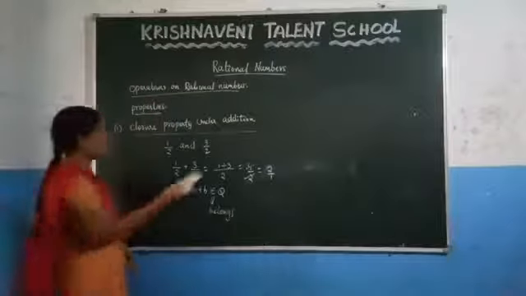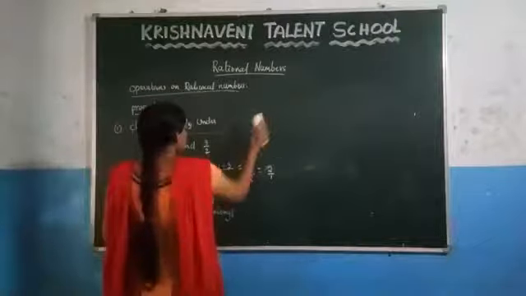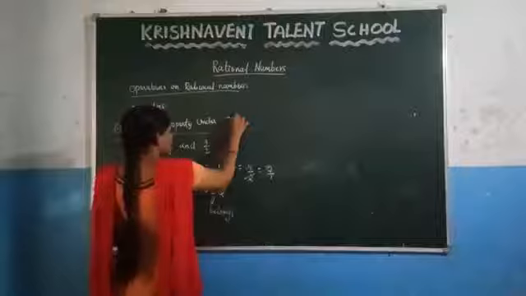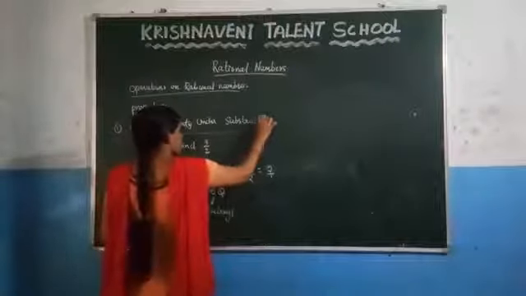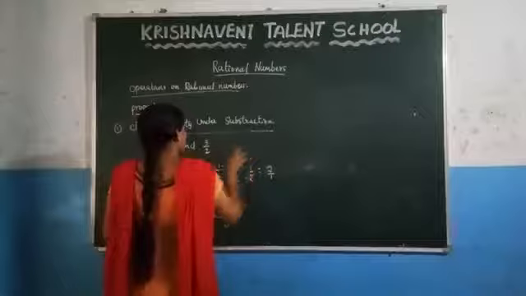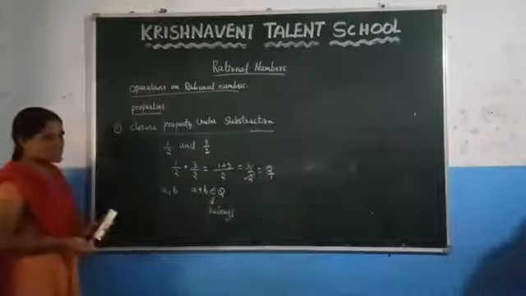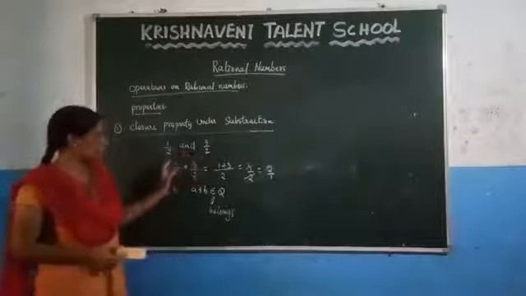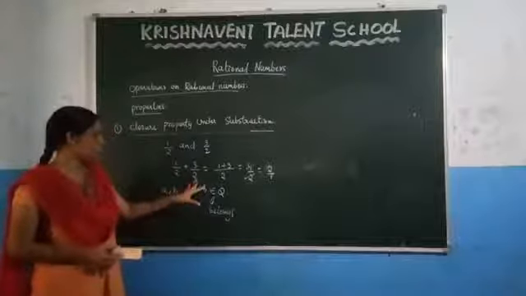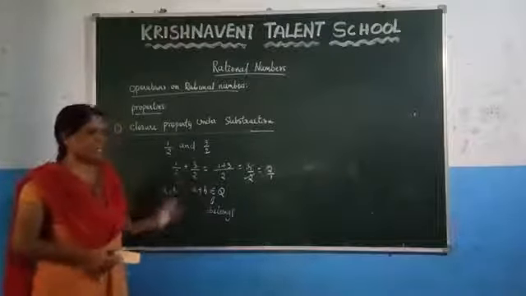Next, we are going to discuss subtraction. Closure property under subtraction: if you consider two rational numbers and subtract them, you have to get a result that is also a rational number.